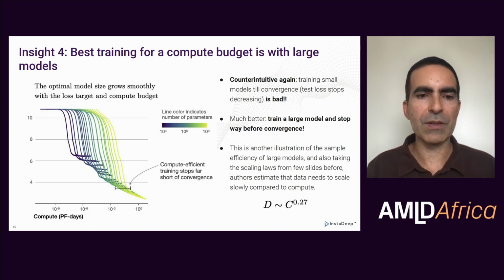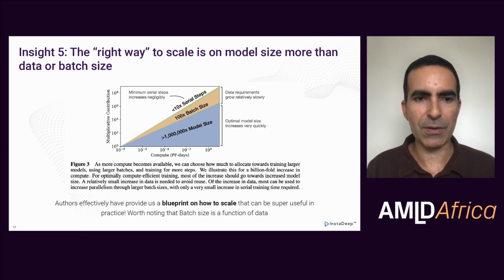This is another reason why you need to scale models, because they are actually more effective for the same compute budget. And this is super interesting. You can even derive relationships between how much you increase compute versus data and the other.